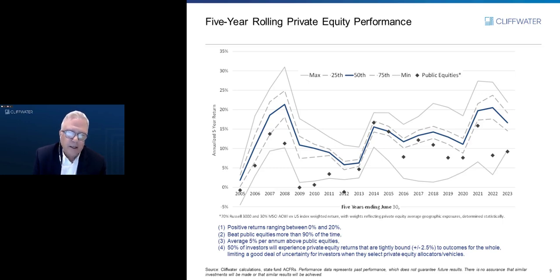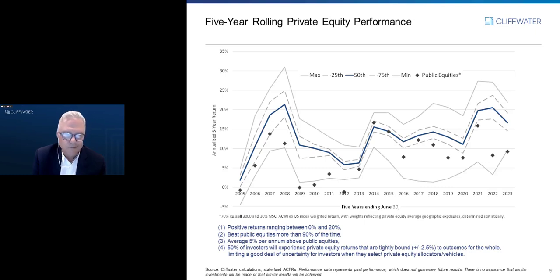Focus on the blue line. The heavy blue line shows the performance of private equity. You can read the paper for what the database is, but basically these are rolling 5-year private equity returns. And I just wanted to note a couple of things.